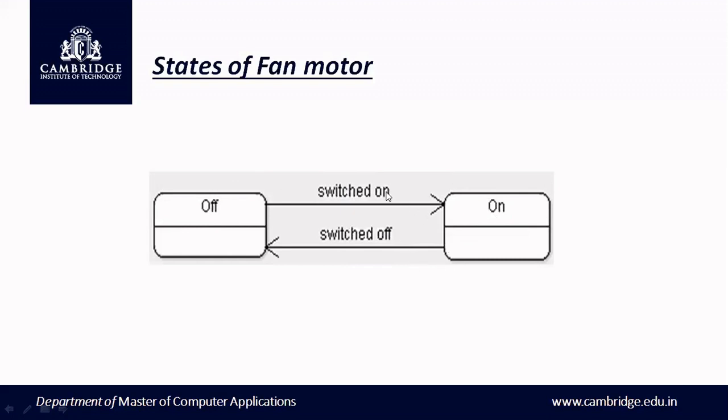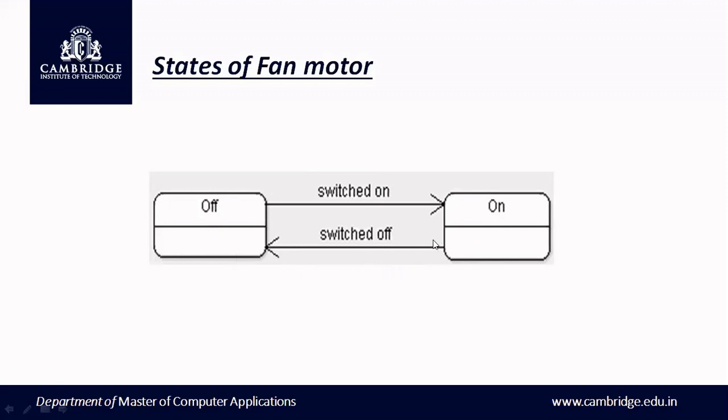We can see it is in the form of an event, right? When the switch on event occurs, it will change from the off state to the on state, and similarly from the on state to the off state. So this is a very simple example where we have identified the different states.